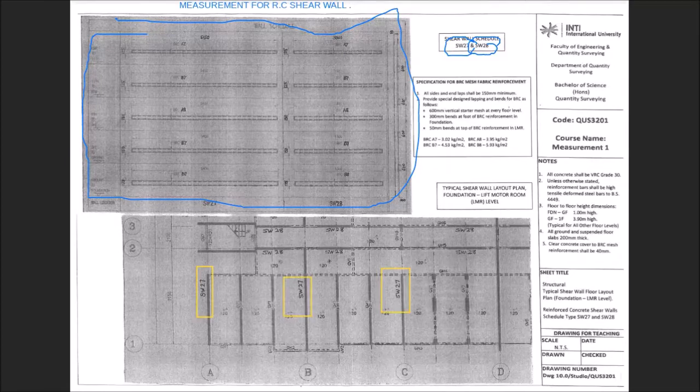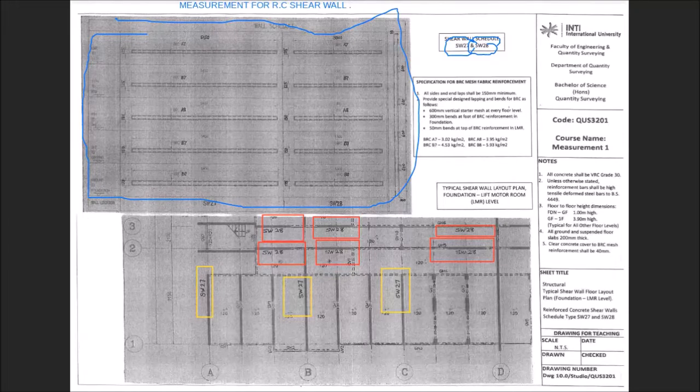This one, you have three numbers, and then you have to find the other category, SW28, in the layout plan. This is the example: 1, 2, 3, 4, 5, and 6. So basically these are the layout plan showing the SW or shear wall.